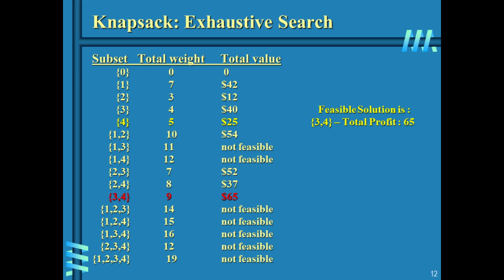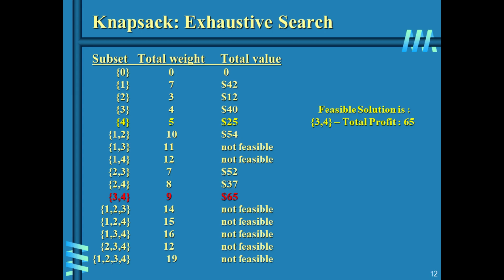Now I am trying to place 3 items inside the knapsack, that is item number 1, 2 and 3, which exceeds the total knapsack capacity of 10, hence it is not considered a feasible solution. Next I am trying the combination of item number 1, 2 and 4. Again I find that the total weight 15 is greater than the knapsack capacity, which is not considered a feasible solution.